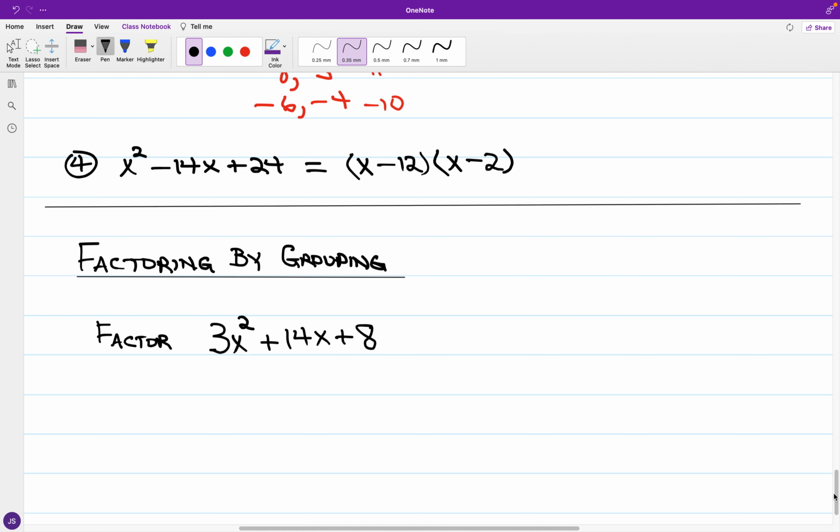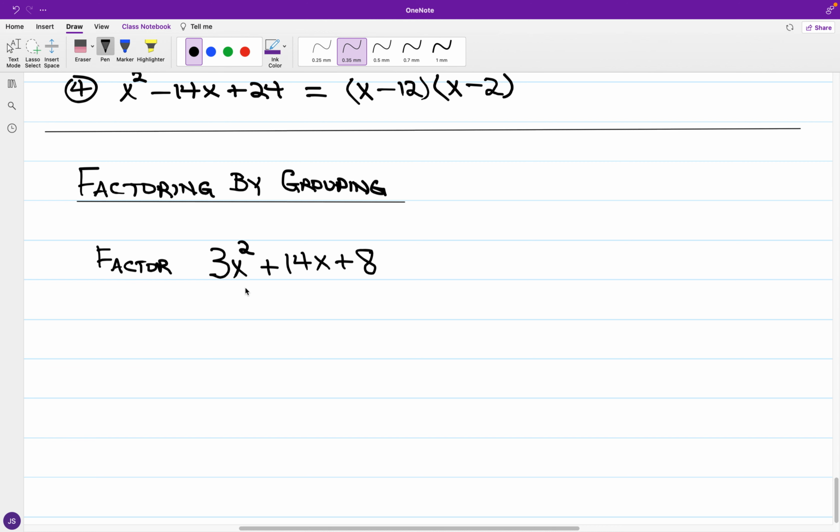Now with the coefficients being low enough, you might be able to get to the result from doing a bit of guessing and using the FOIL method.